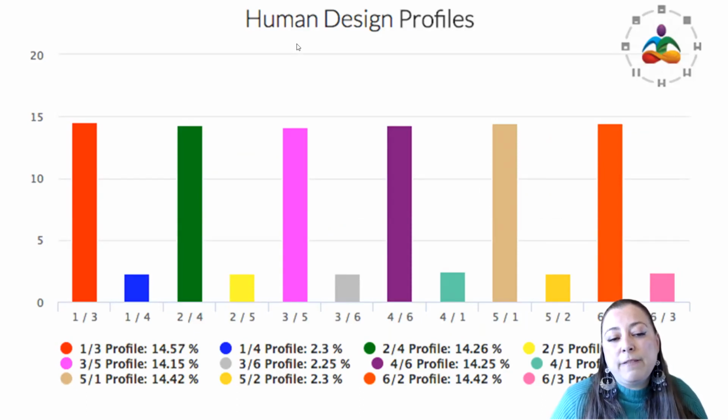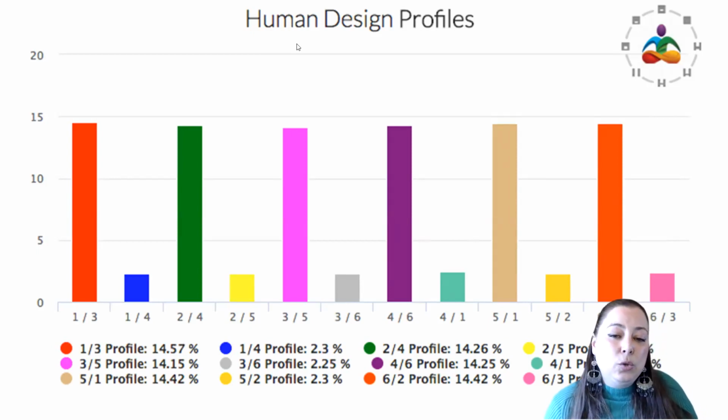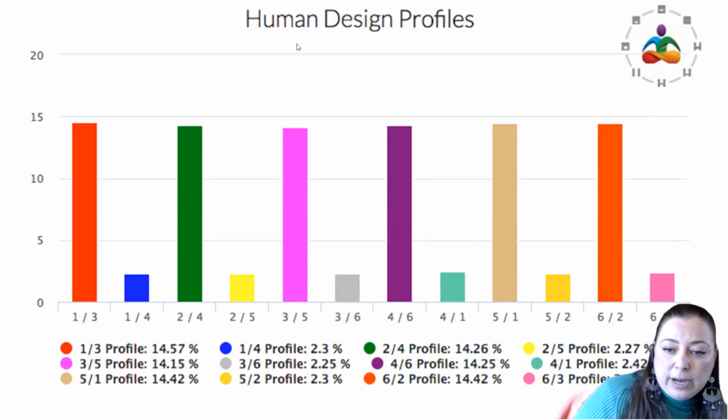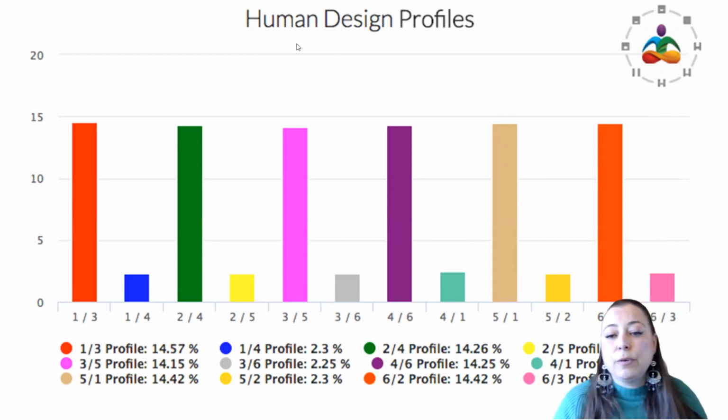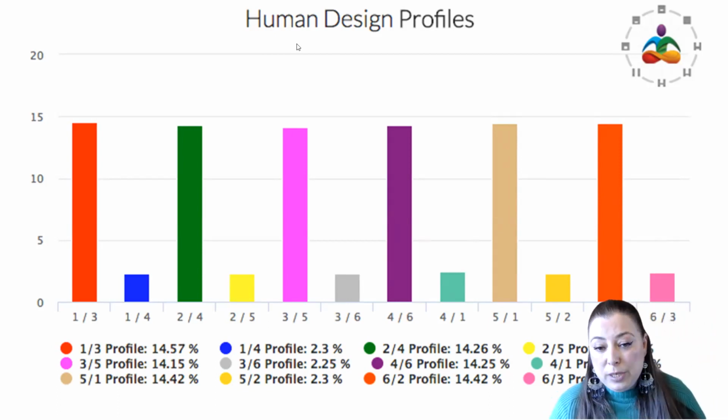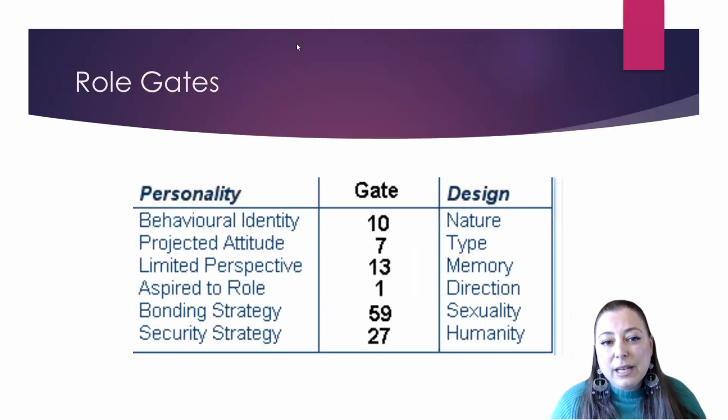Those 1-3, 3-5, 5-1. Then the more rare, the 1-4, the 3-6, and the 5-2 are around 2%. Then we have the 2-4, 4-6, and 6-2, which are also around 14%, and the 2-5, 4-1, and 6-3 profile, which are also around the 2%, also more rare.